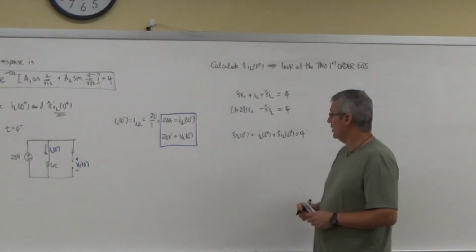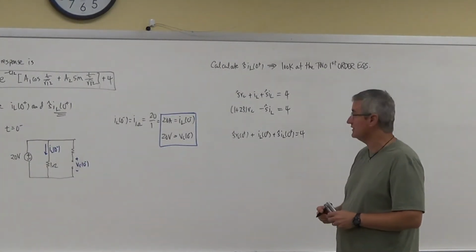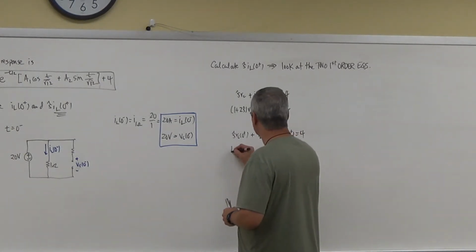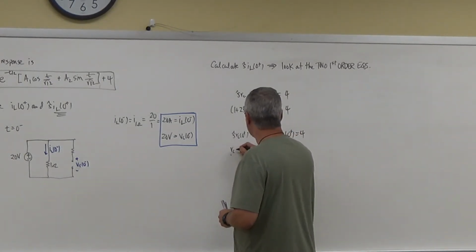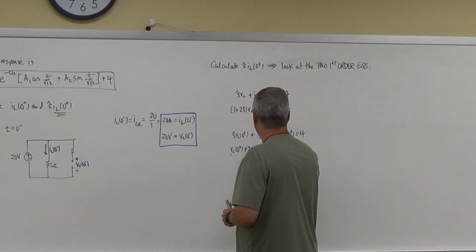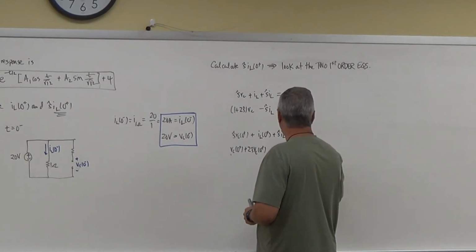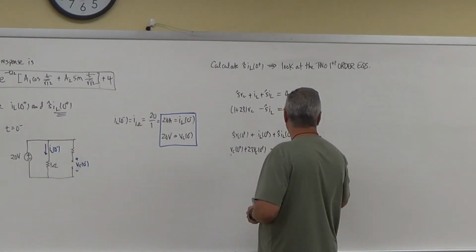So, there's a bunch of ways that you can do this. I typically prefer the matrix algebra. So then I got VC of 0 plus 2 s hat VC of 0 plus minus s hat IL of 0 plus equals to 4.